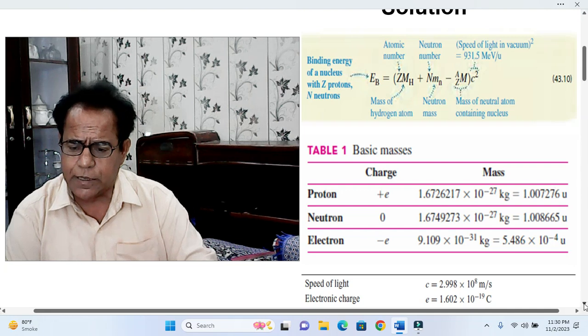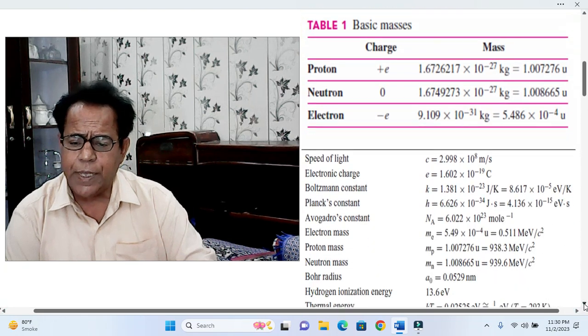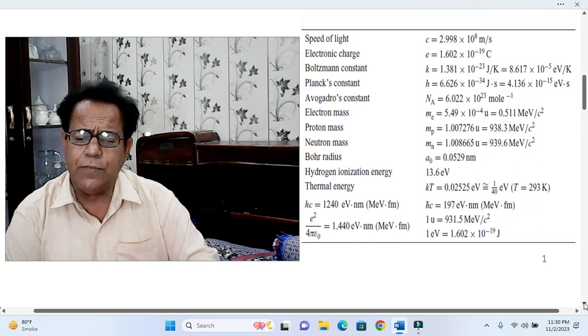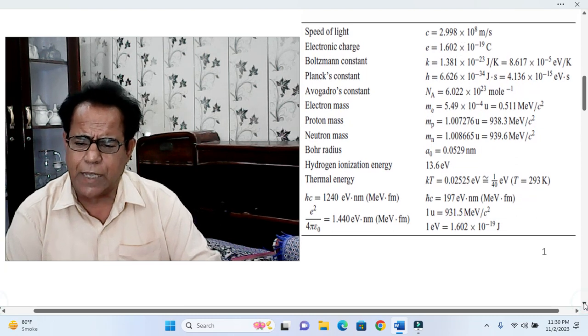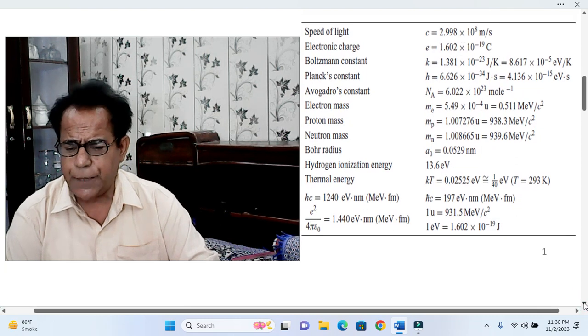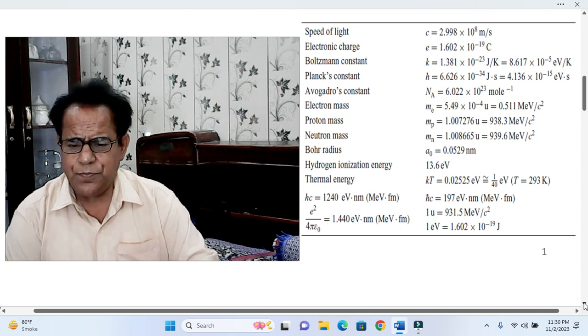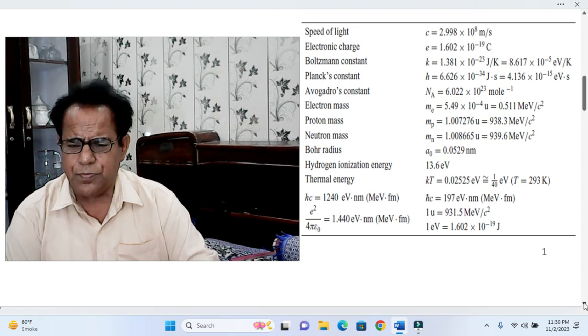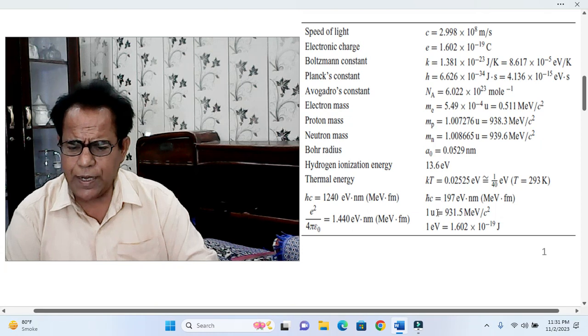The next snapshot is a table of physical constants, in which various constants have been given. This table is also helpful. Here, one atomic mass unit is equal to 931.5 MeV over c square.